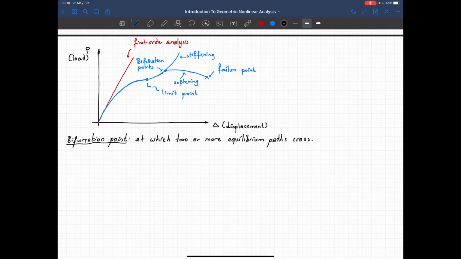So which one does it follow? The structure takes the path that is dynamically preferred.